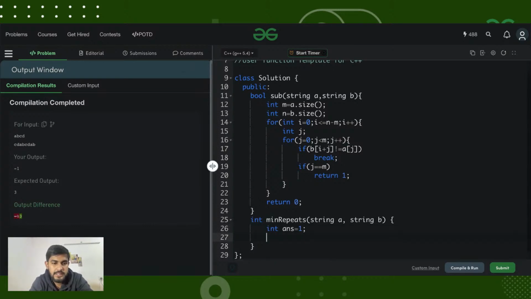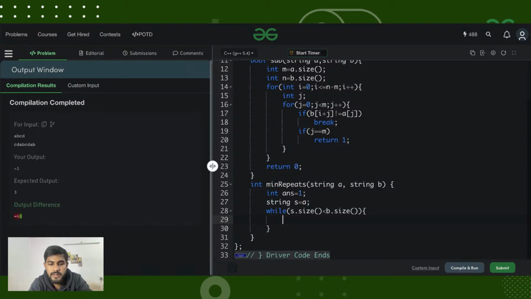Int answer is equal to 1. String s is equal to a. While s dot size is less than b dot size, then s plus equals a, and then answer plus plus.